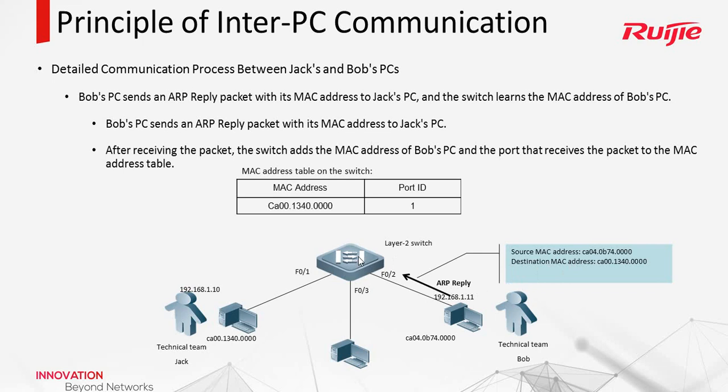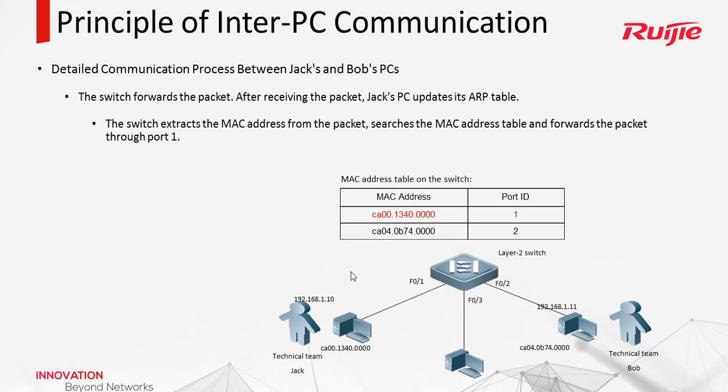When it is sent to the switch, the first thing the switch will do is record Bob's server's MAC address with port 2. Then the switch will check the MAC address table, because there is an entry CA00 with port 1, the switch will just send it to port 1.